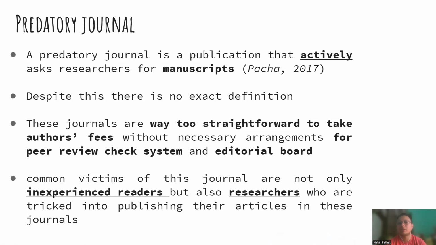And these kinds of things make it very confusing and doubtful, thus giving it the predatory journal name. Similarly, the concept of predatory journals needs to be understood by many students as well as many researchers who are in their first phase, because these journals lack the basic peer review system.